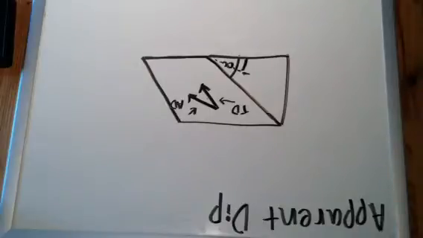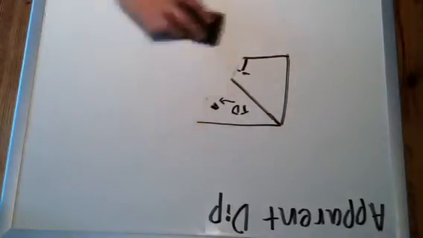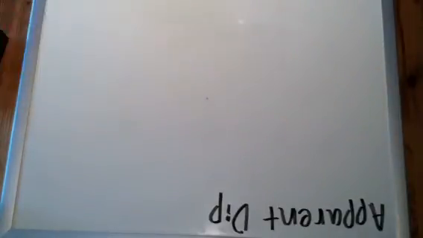Now, you can find true dip from your apparent dip quite easily, or the angle of true dip, rather, but it requires topographic profiles and contour lines. So we're going to dive into a little example here.